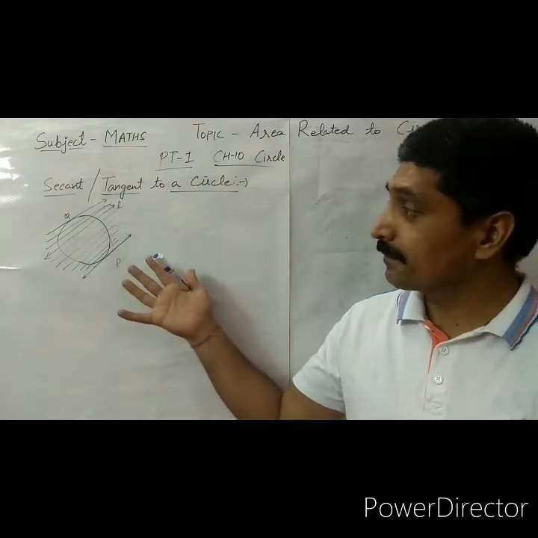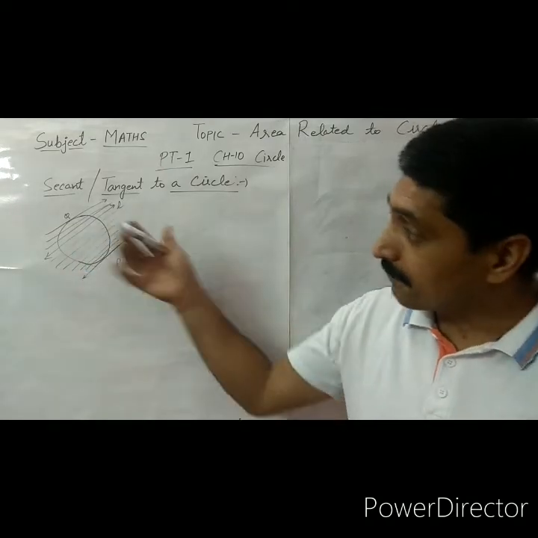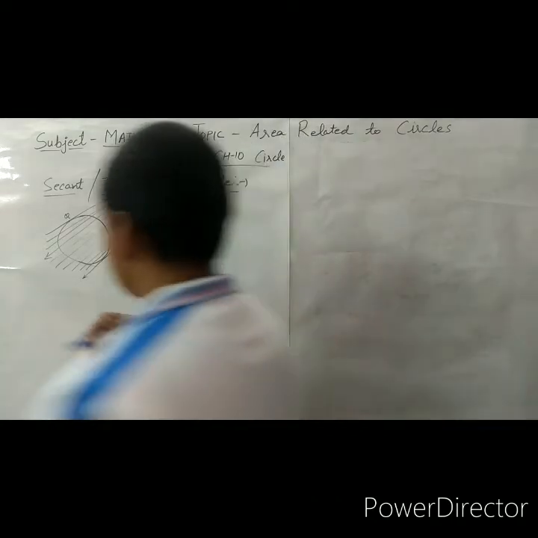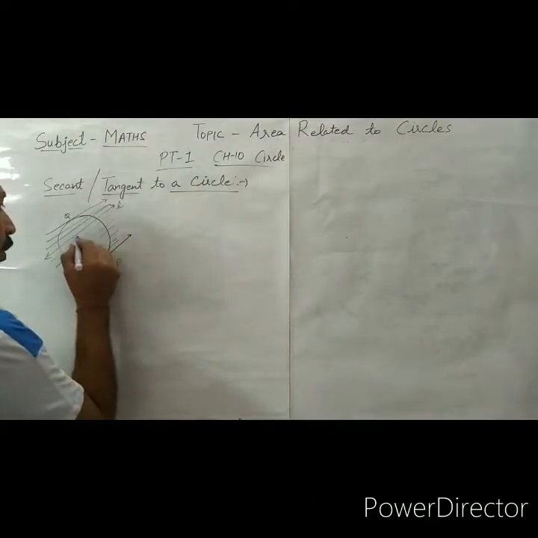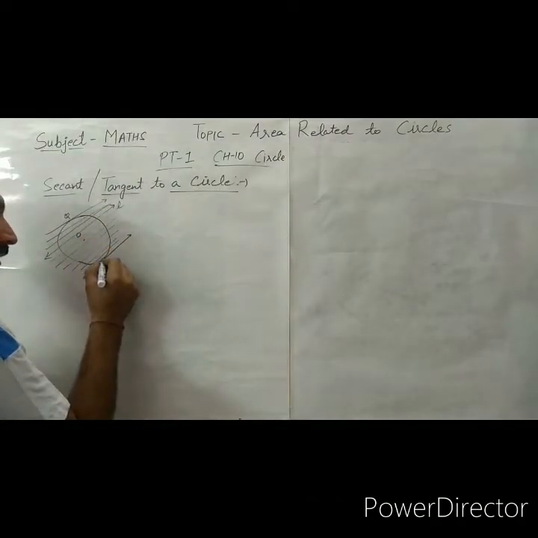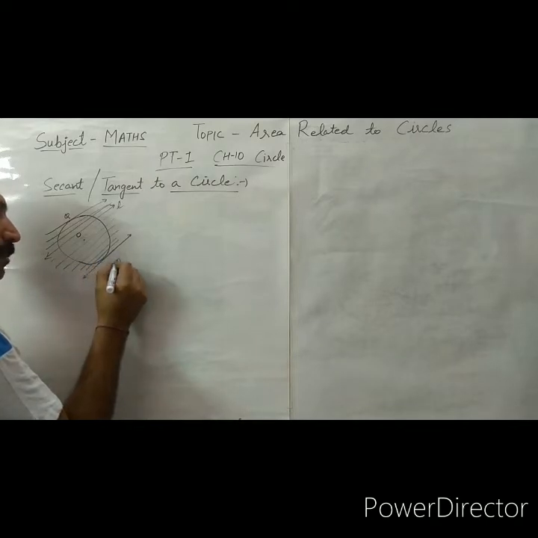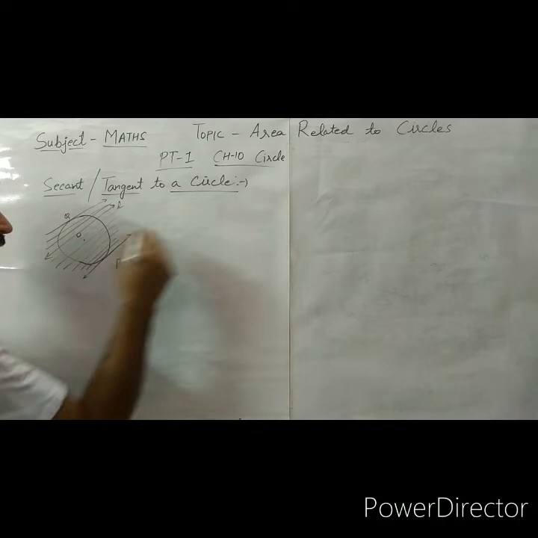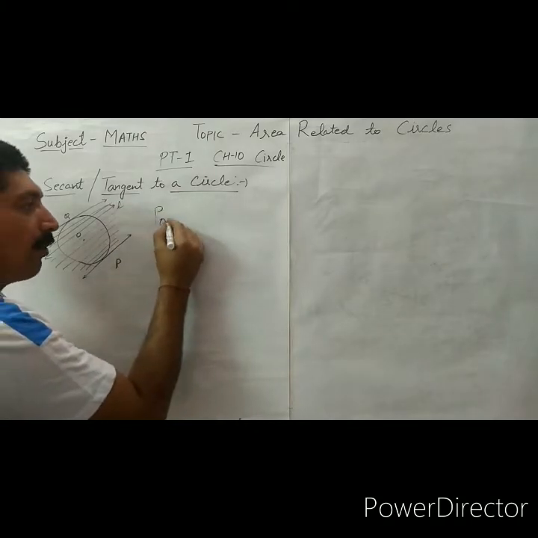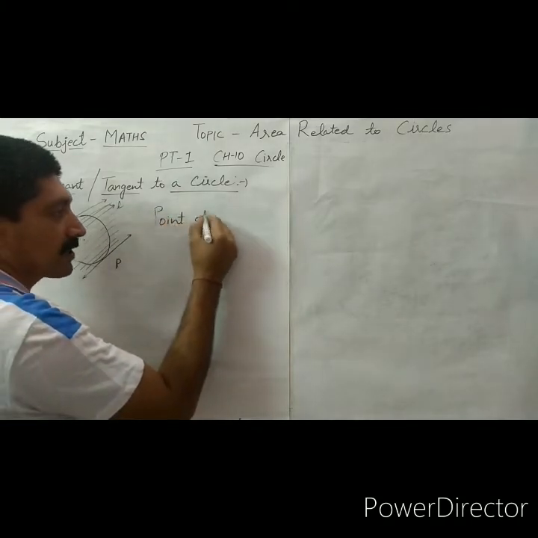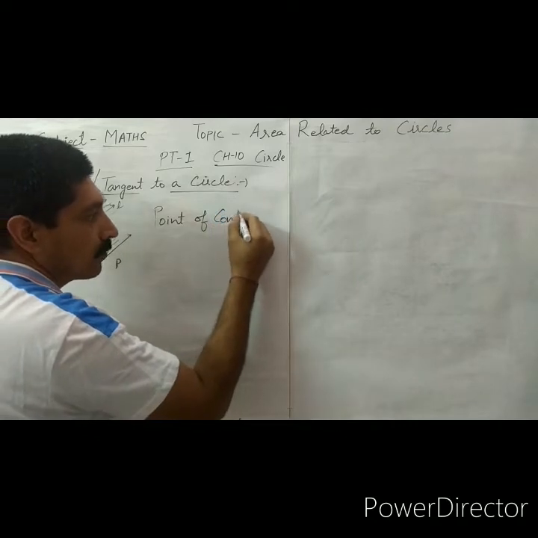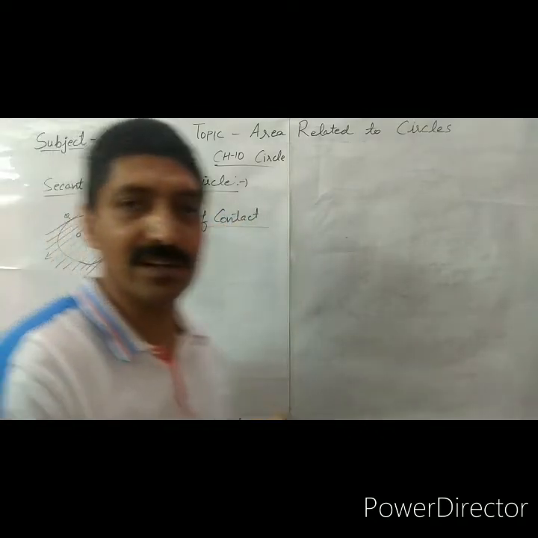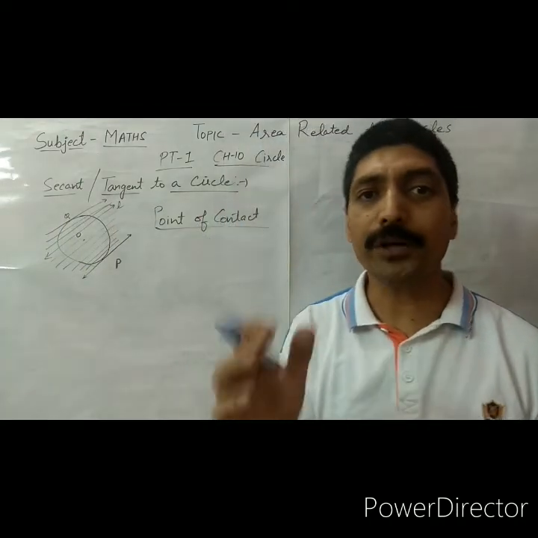So we have the different cases. We have the center of a circle O, and where this line just touches the circle, this point is called the point of contact. Where the line touches the circle, this is called the point of contact.